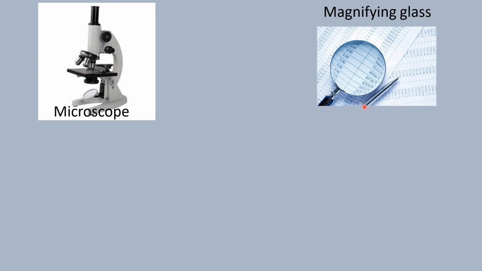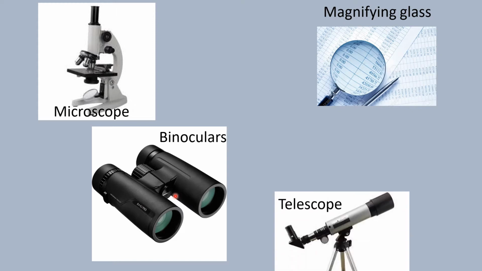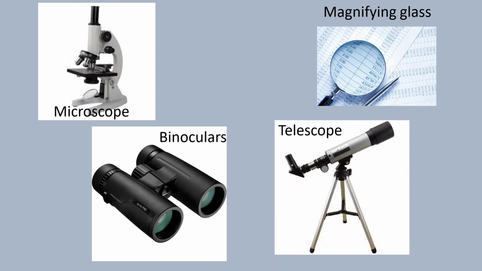A magnifying glass is also used to see fine written objects at a larger font. Binoculars. Binoculars are also used to see far off objects close by. And a telescope is used to see things that are very, very far away at close distance.